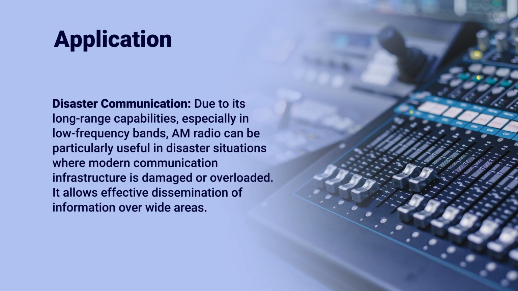Now, next application is disaster communication. Due to its long range capabilities, especially in the low frequency band, AM radio waves can be particularly useful in disaster situations where modern communication infrastructure is damaged or overloaded. It allows effective dissemination of information over wide areas.